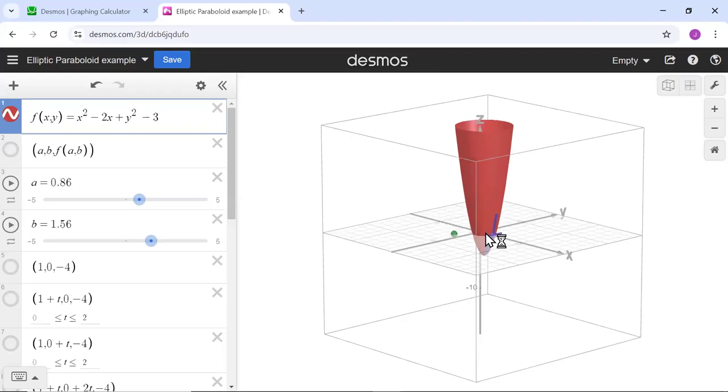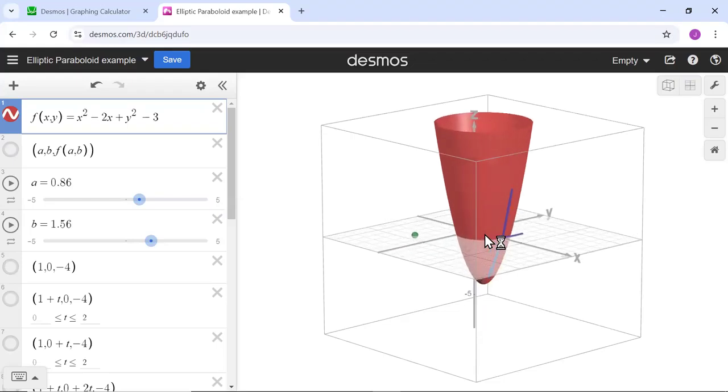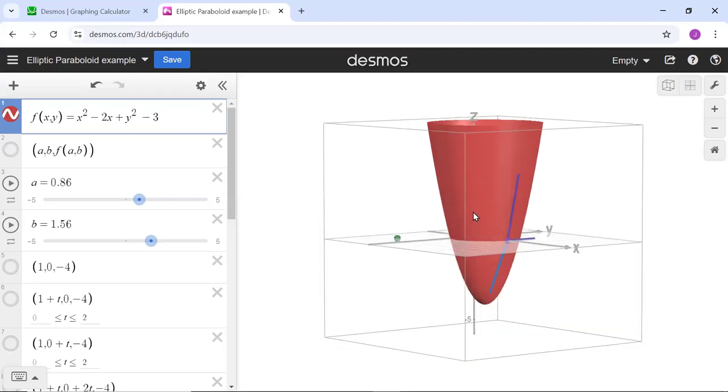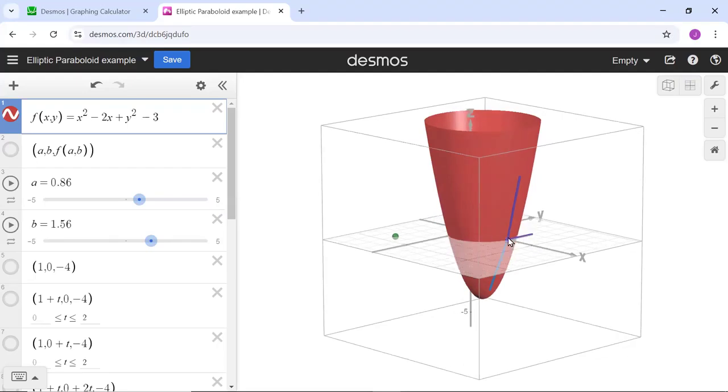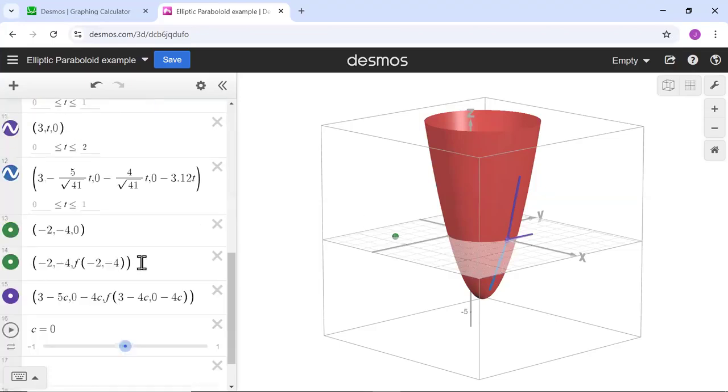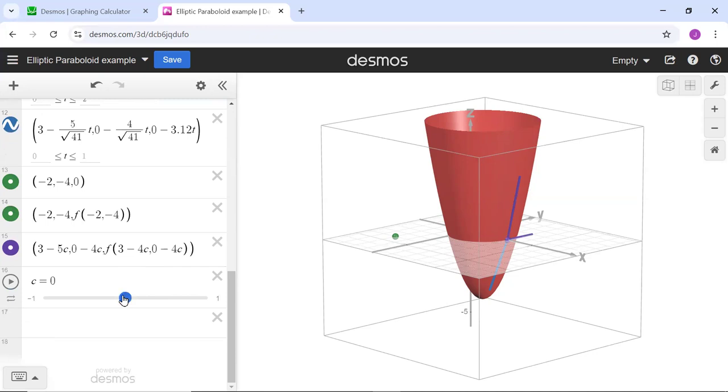So what's happening is that we're moving along this vector, and that's forcing us to go across the surface in a specific motion. Let me explain what I mean by that.